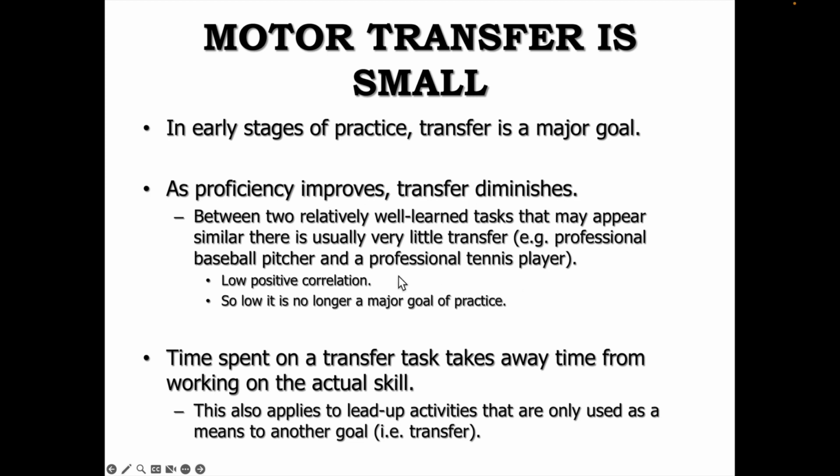Again, a professional baseball pitcher and a professional tennis player, if they practice the opposite sport, will not necessarily get better at their particular skill. Because there's not a lot of transfer, they should probably not spend time practicing that other skill. A professional tennis player should not devote much time, if any, towards throwing a baseball.